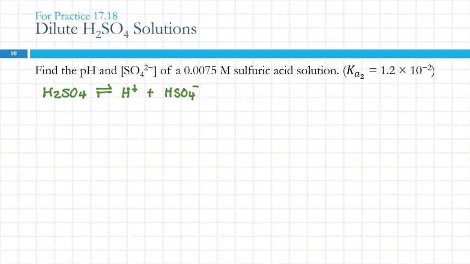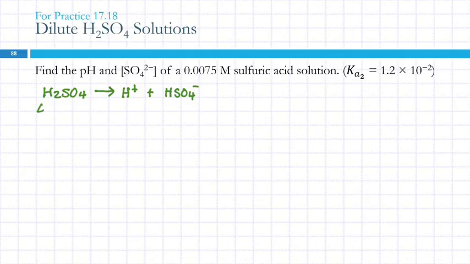Oh, but wait. H2SO4 is a strong acid, so we don't want an equilibrium arrow here. That's going to be a single arrow. Sulfuric acid loses all of the first proton. All of them do that. It's a strong acid in the first proton only.